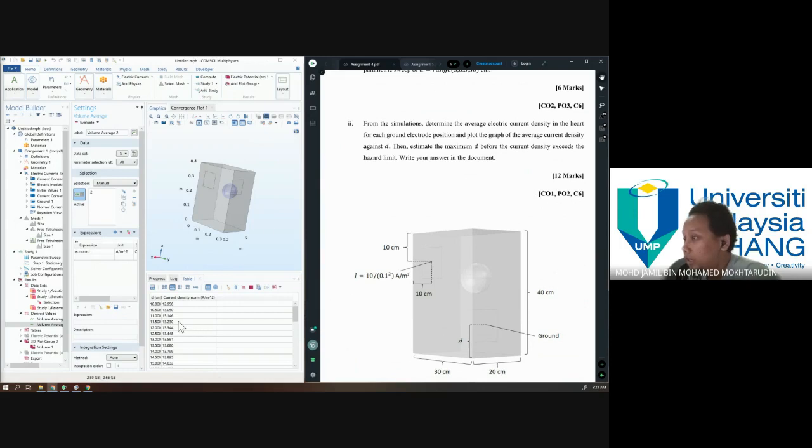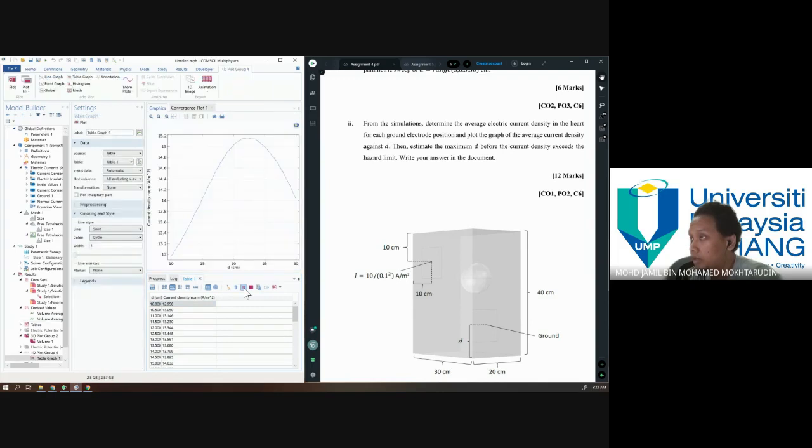Okay, so you will get a series of values for different D and the electric current density. And then from here, the question asks you to plot graph of average current density against D. So in this functionality, you just click this button, table graph. So you get a graph automatically plot for you, current density versus D.